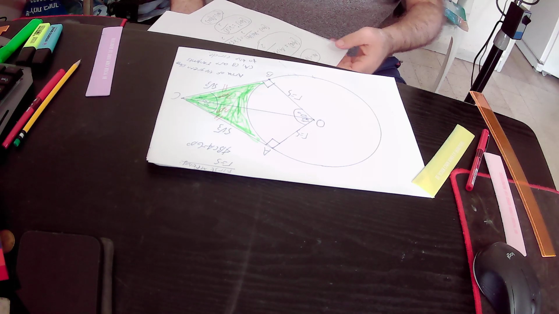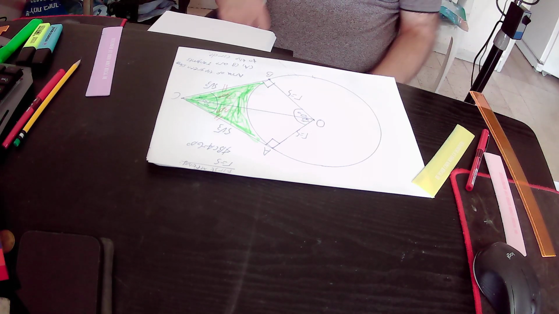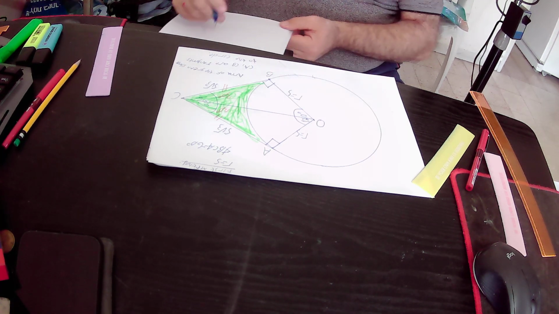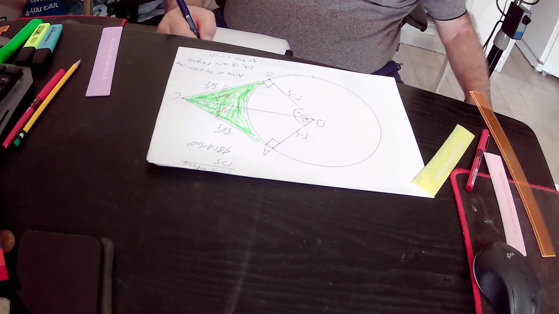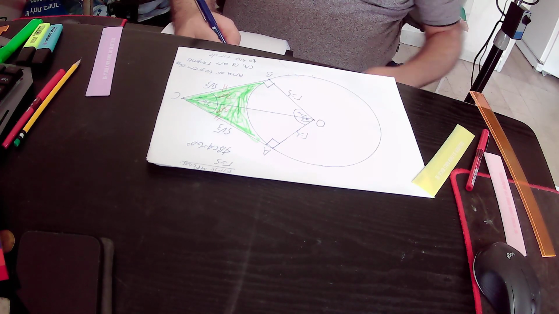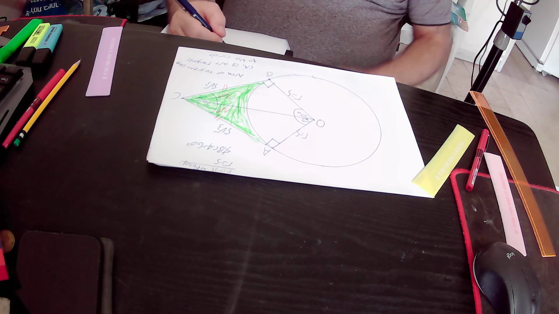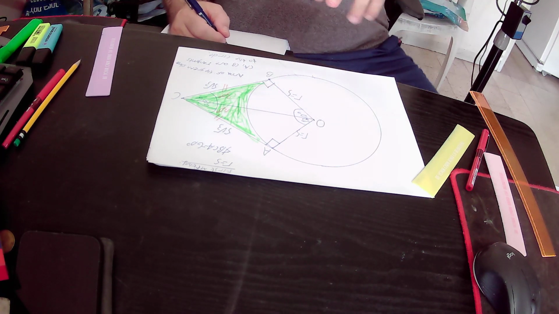And what is the area of quadrilateral ABCO? It consists of two triangles, so the area will be equal to the sum of those two triangles.